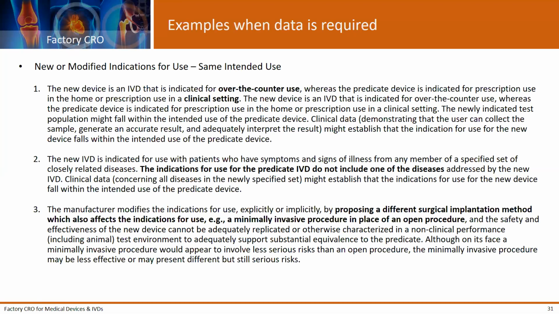Same intended use, different indications for use. Or when your IVD is to be used for patients who have symptoms and signs of illness from closely related diseases. So the indications for the predicate IVD do not include one of the diseases for the new IVD.